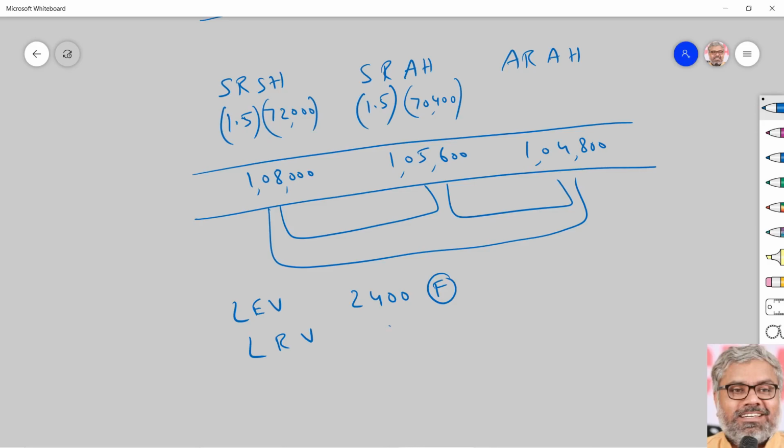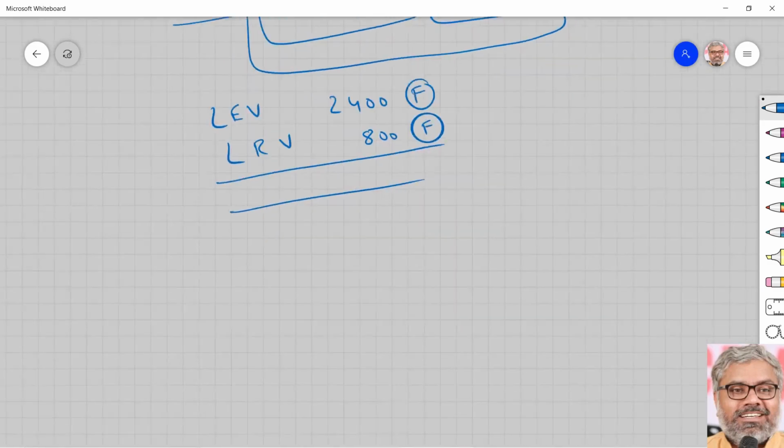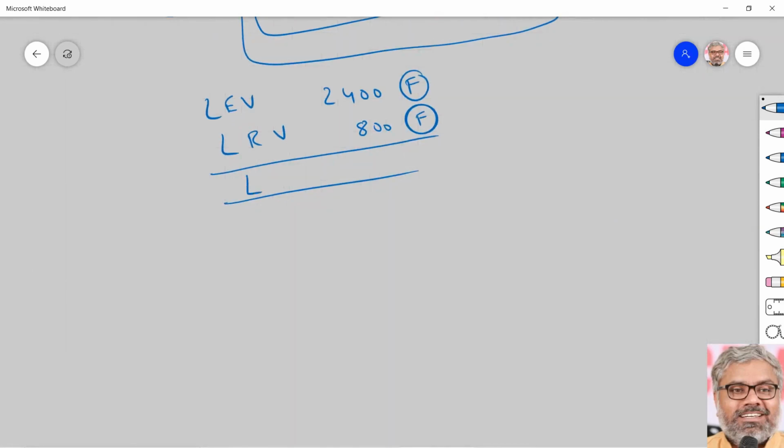That is also 800 favorable. Naturally, the total of these two will be the labor cost variance. That also we already calculated. How much was that? 3,200 favorable. That's all. That is about labor variances.